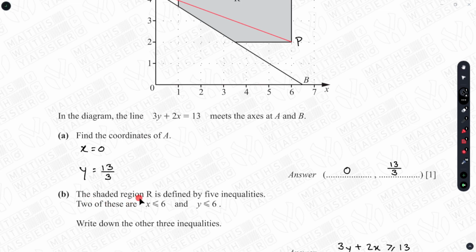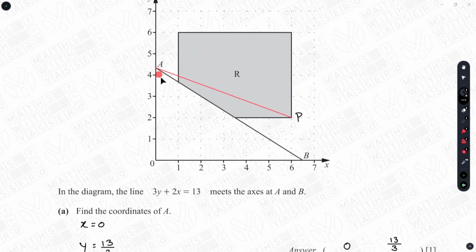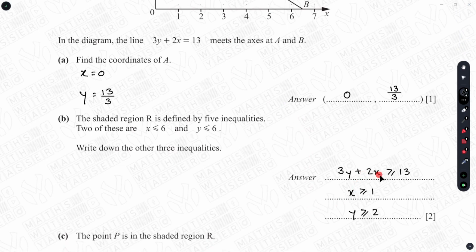Then it says the shaded region R is defined by 5 inequalities. 2 of these inequalities are x is less or equal to 6 and y is less or equal to 6. Write down the other 3 inequalities. So for this, first let's look into the equation 3y plus 2x equals to 13, which is this line. And since y is positive over here, so that means the shaded region is above the line, hence 3y plus 2x is greater or equal to 13.